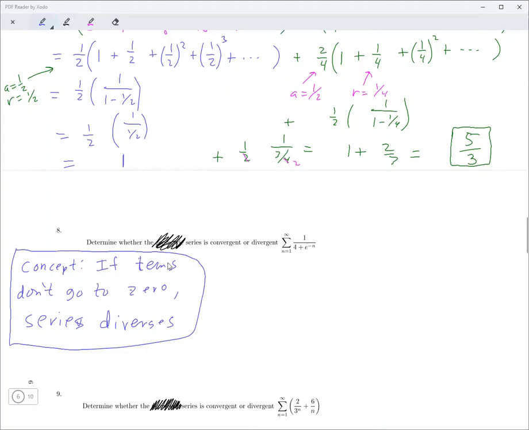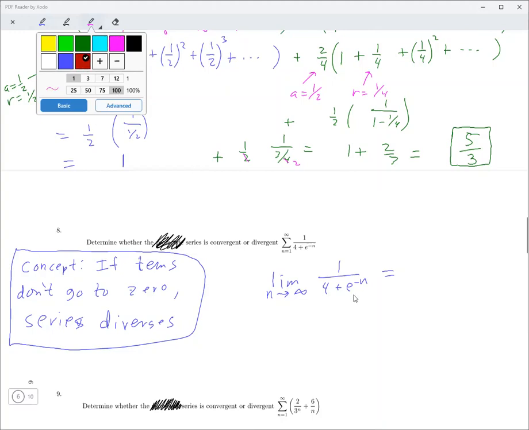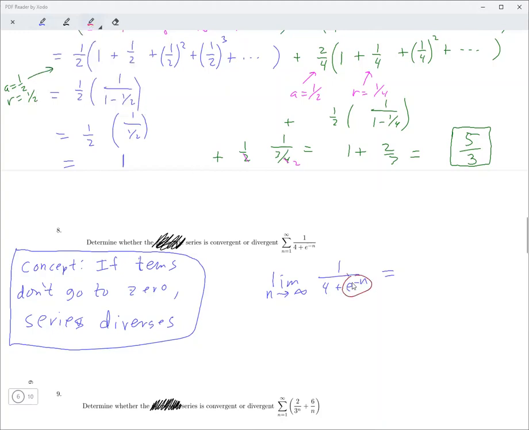What I mean by that, in this case right here, this is not going to be the series, but if I just take the terms, these are the terms, 4 plus e to the negative n. If I take the limit as this goes to infinity, then the e to the negative n is going to go to 0, and I get 1/4.